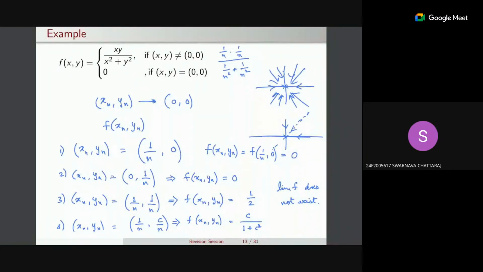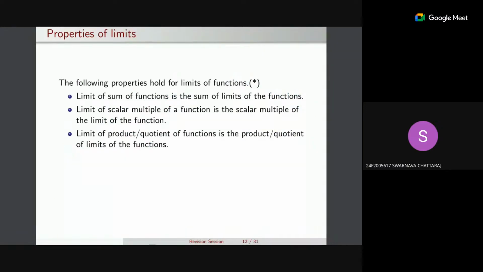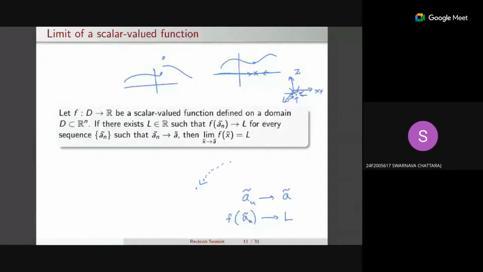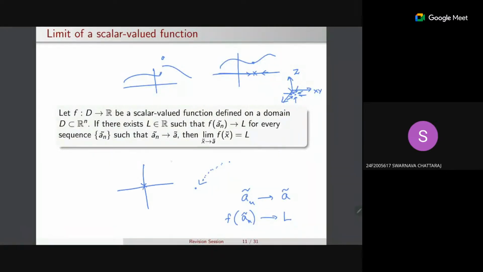That is why you have every possible sequence over here. There are functions for which the limit along every line is the same, but along some curve it is different. So if you take all possible curves, then you're good.